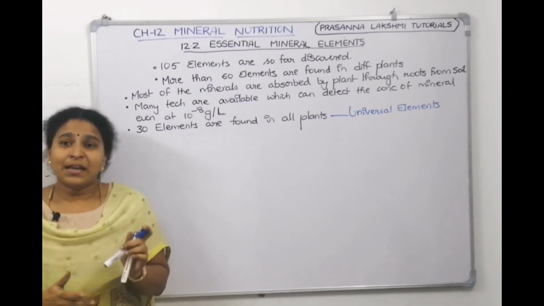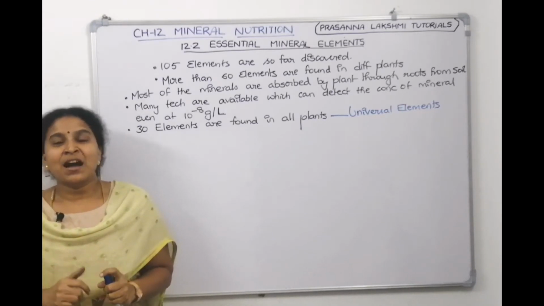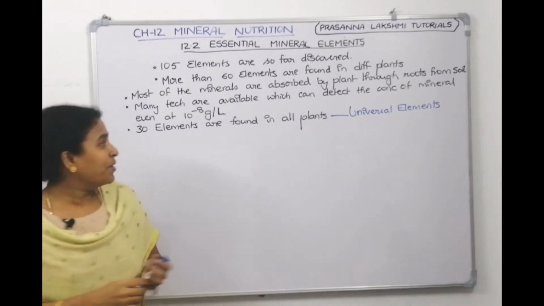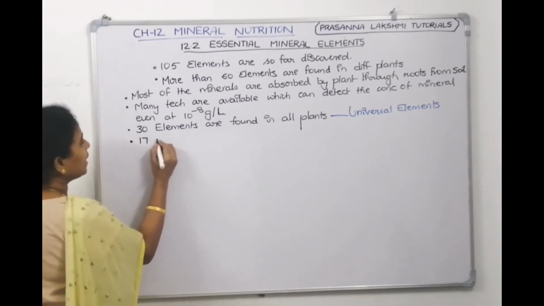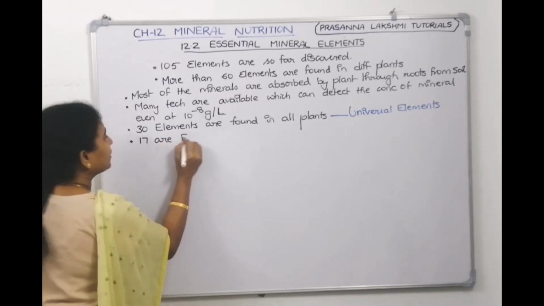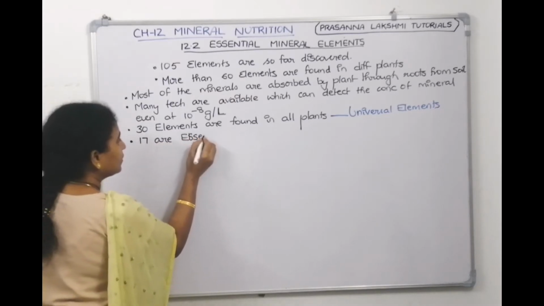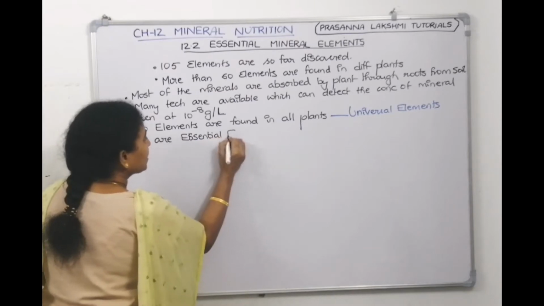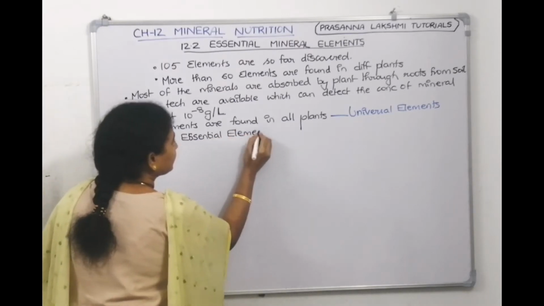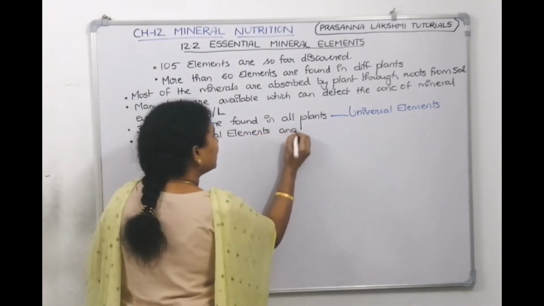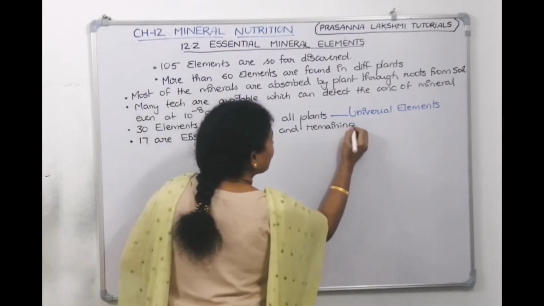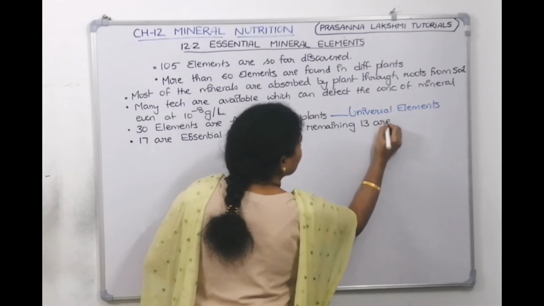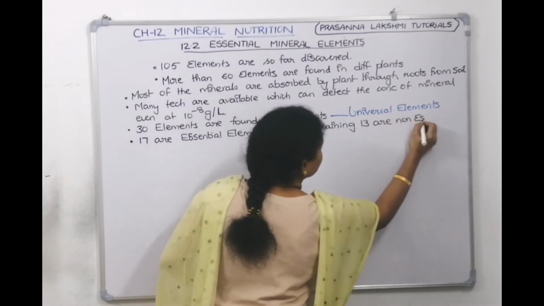Okay. Now, in these 30 universal elements, how many are essential and how many are non-essential? Out of these 30, 17 are essential elements, and the remaining 13 are non-essential elements.